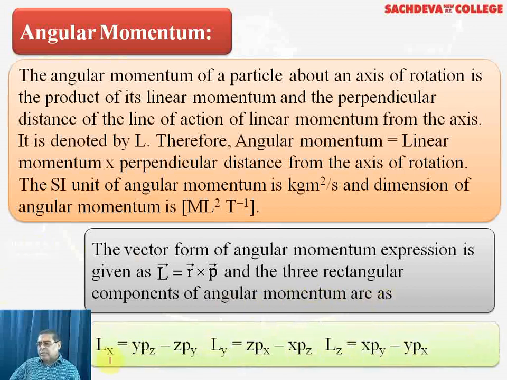The angular momentum along the x-axis is y pz minus z py. Similarly, along the y-axis, it is z px minus x pz. And along the z-axis, Lz is equal to x py minus y px, where x, y, and z are the axes.